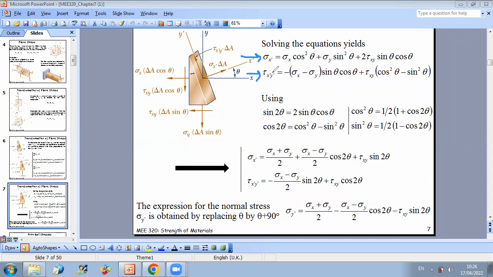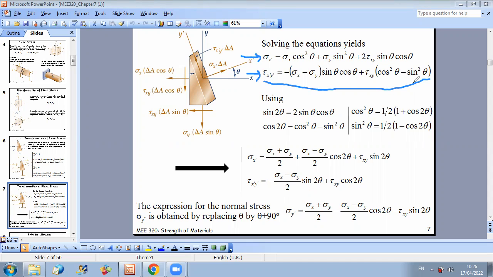So at the end, you get that sigma x prime is equal to sigma x cosine square theta plus sigma y sine square theta plus 2 tau xy sine theta cosine theta. And tau x prime y prime is minus sigma x minus sigma y sine theta cosine theta plus tau xy times cosine square theta minus sine square theta.